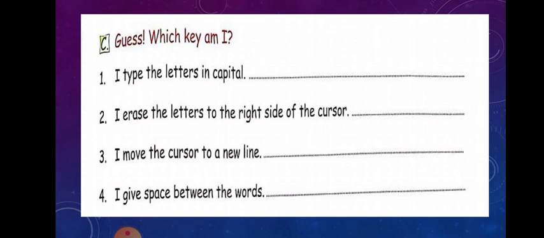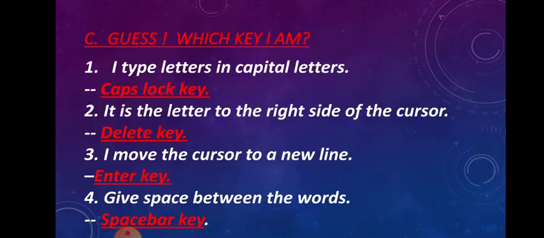The answer is enter key. I give space between the words, and yes, the answer is space bar key. The answer I have written here with red color. Write the answers correctly and the spellings correctly.